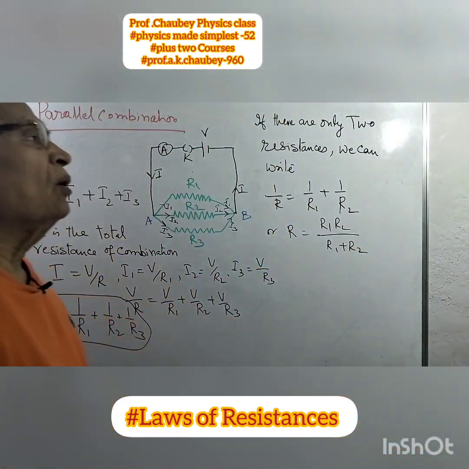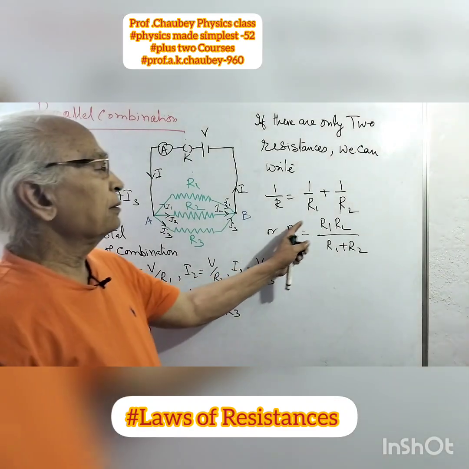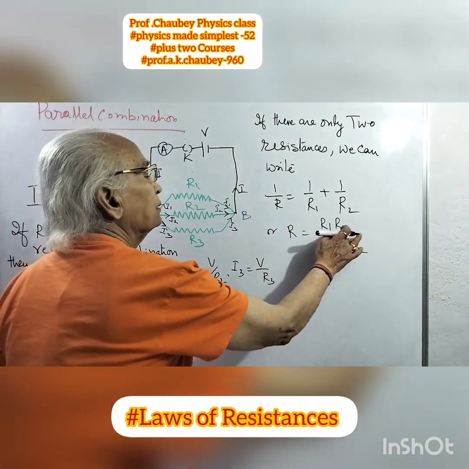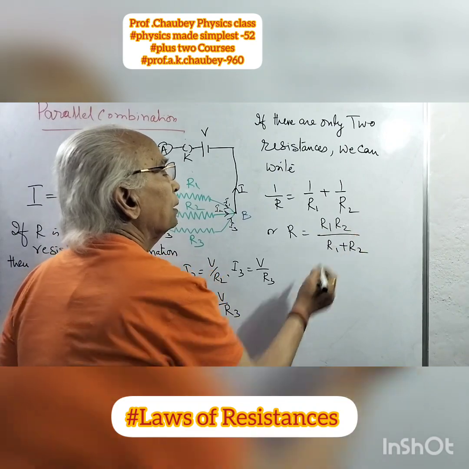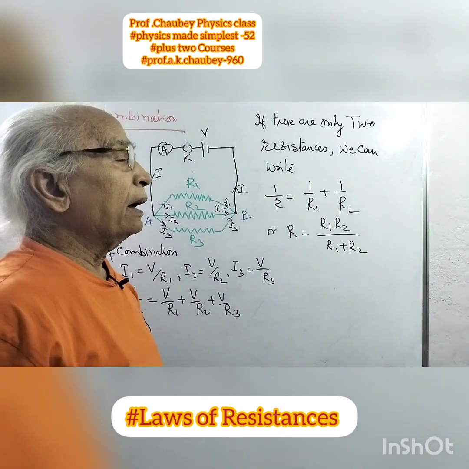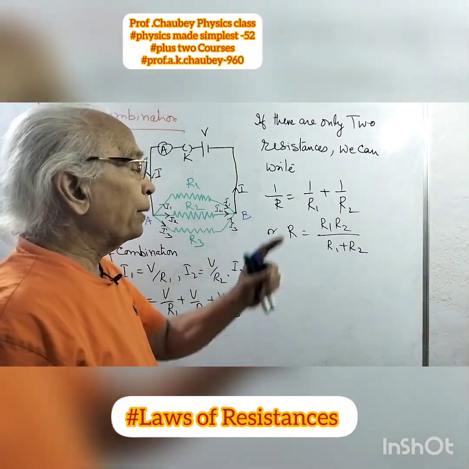So this is the law of parallel combination of resistances. In parallel, two resistances are given by this, R1 and R2, and so on.